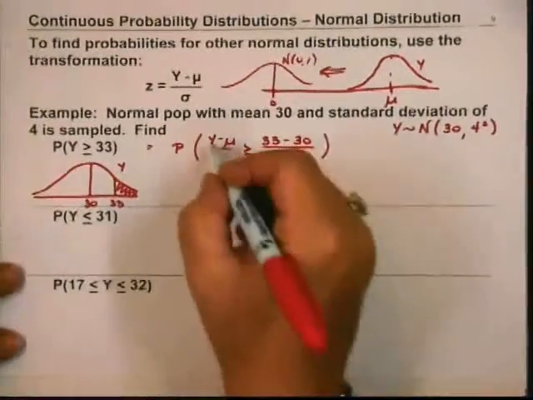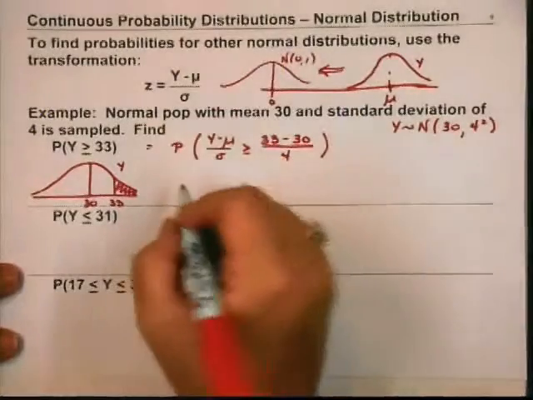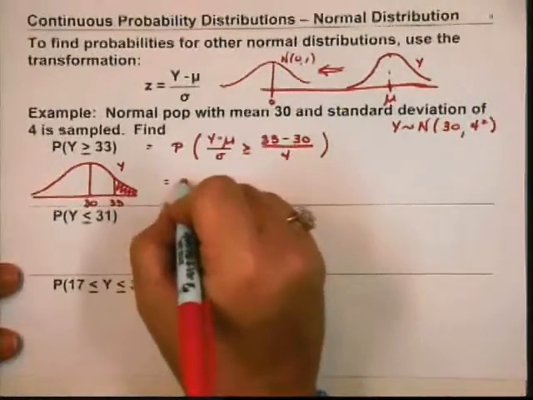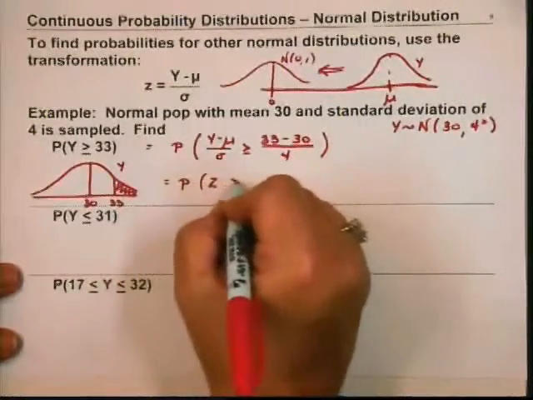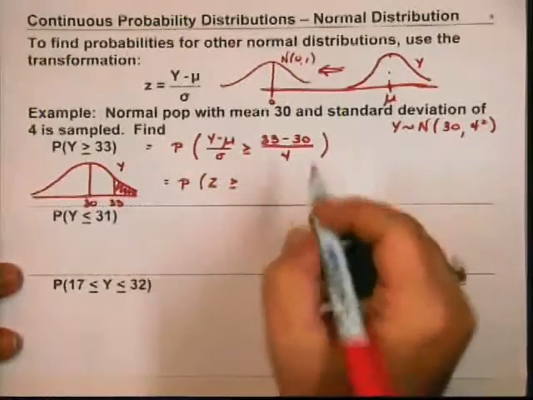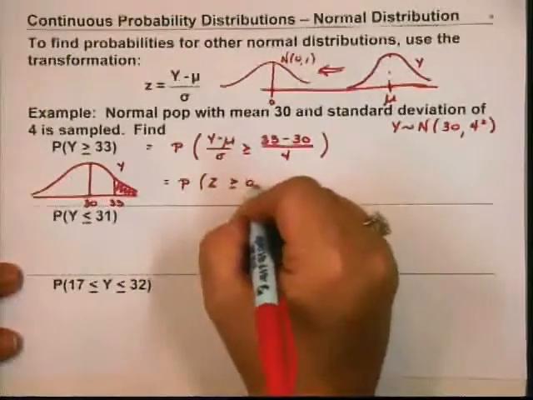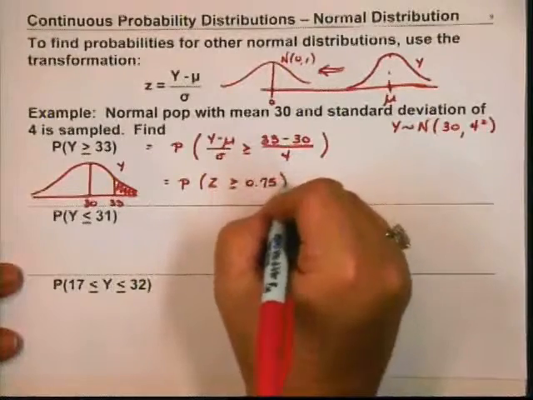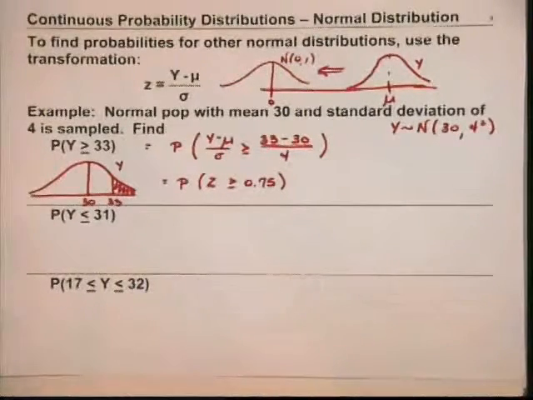All right. This transformation here is a z-score, so this is equal to the probability that random variable z is greater than or equal to 3/4 or 0.75. So then we can look up the z-score of 0.75 in table A1 and report the right-hand area.